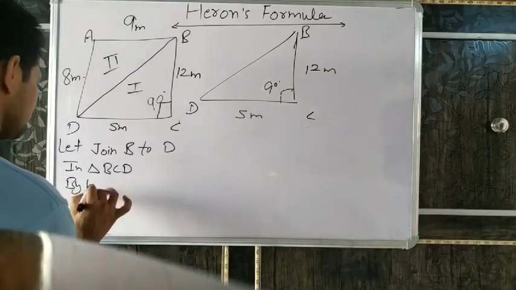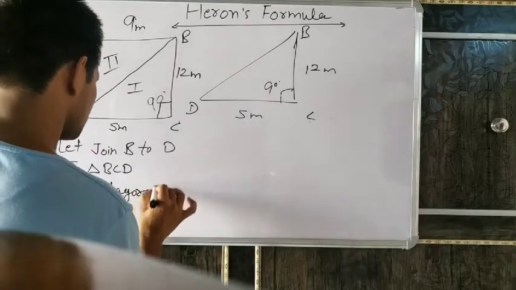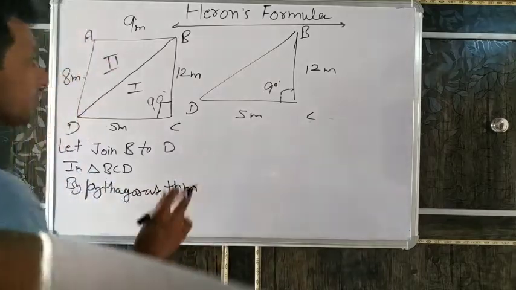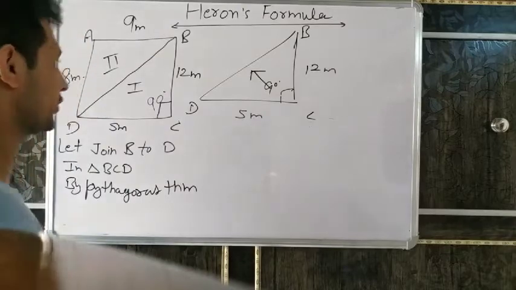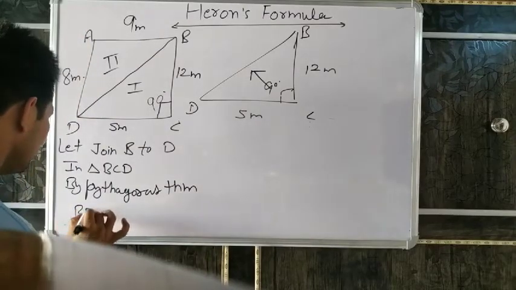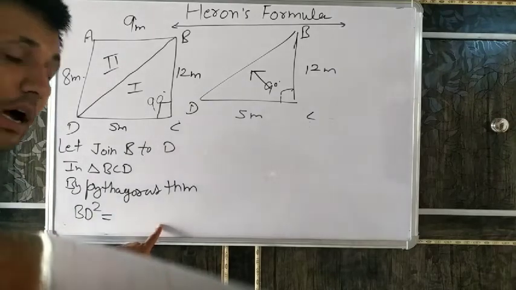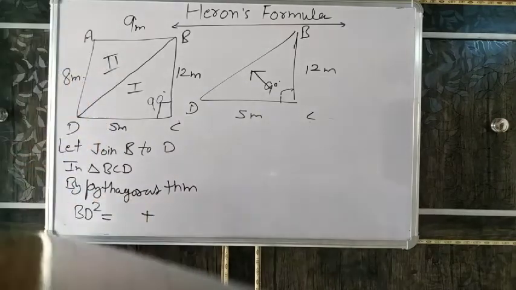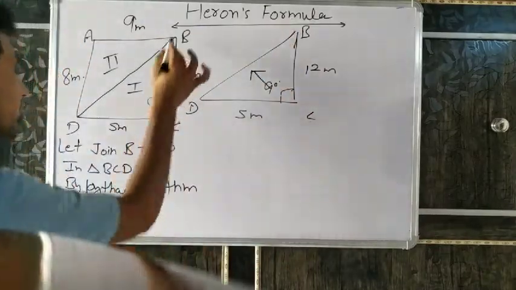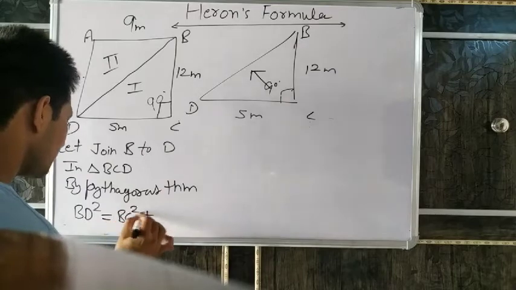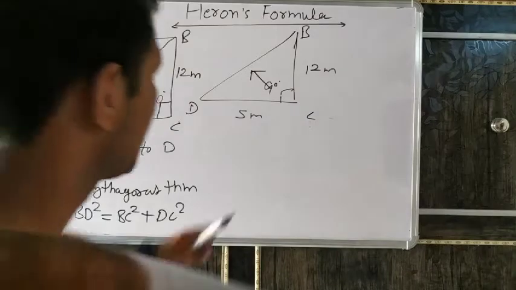So by the Pythagoras theorem, the hypotenuse BD square is equal to the sum of the squares of the other two sides, BC square plus DC square.